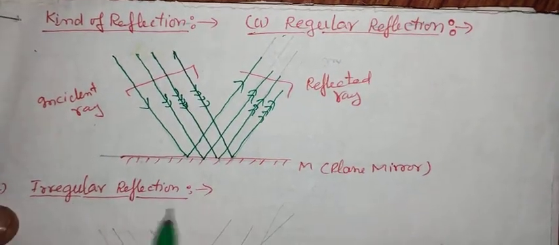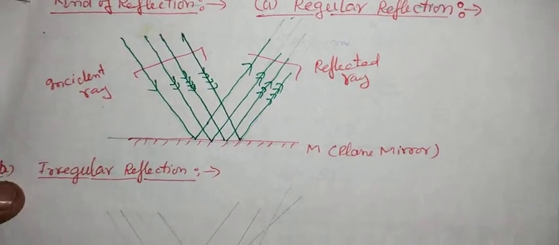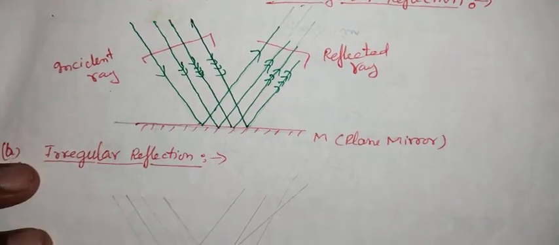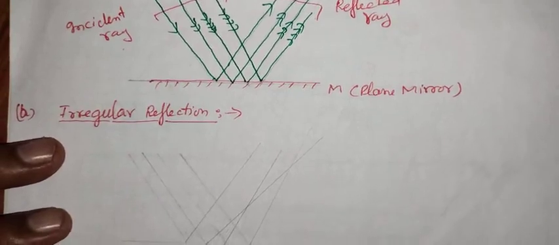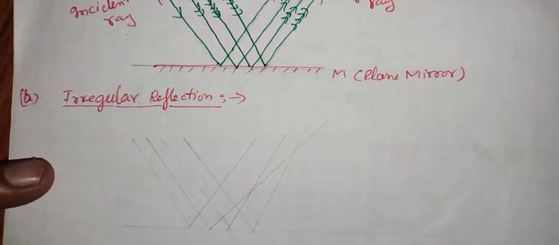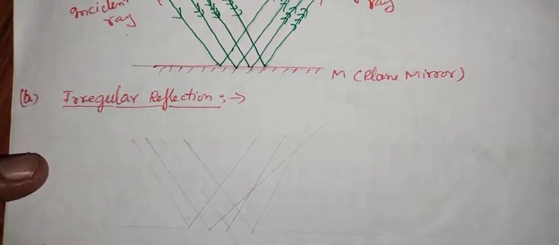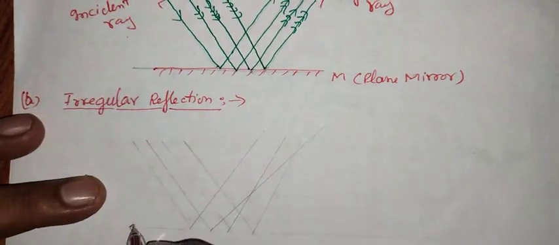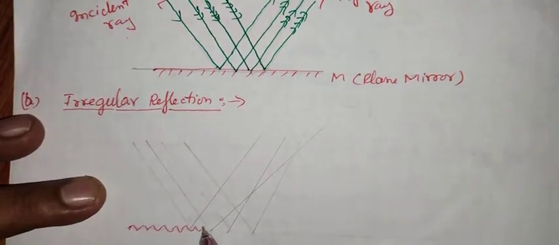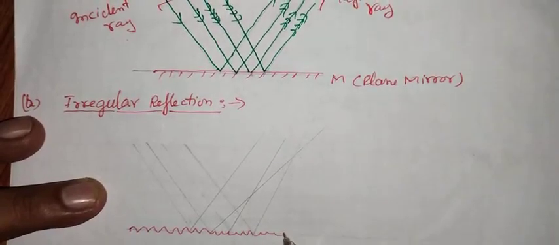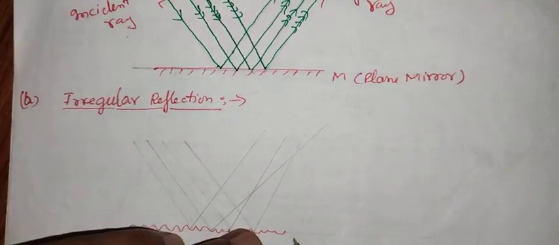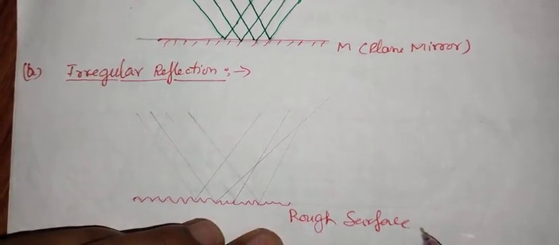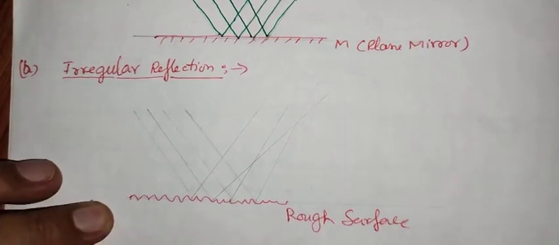Now, the second type of reflection is called irregular reflection. In irregular reflection, the reflecting surface, in place of a plane, is a little rough surface, represented like this.